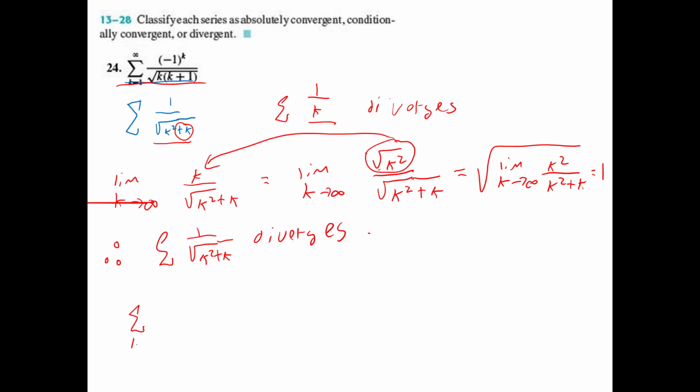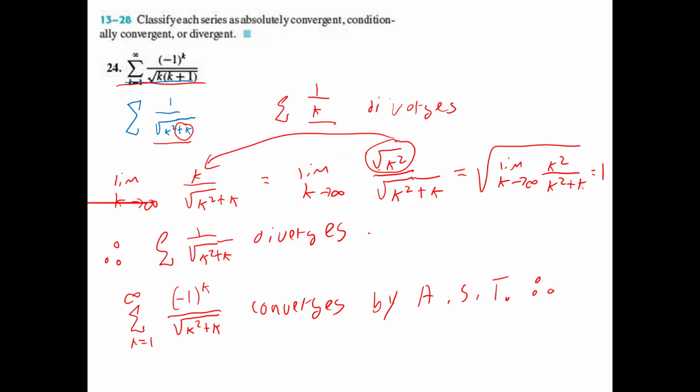The summation from k equals 1 to infinity, you can see that the terms are going to 0. You can see that it is decreasing because the bottom is increasing, it just keeps getting bigger and bigger. And then terms are going to 0, decreasing, and it's alternating, converges by alternating series test.